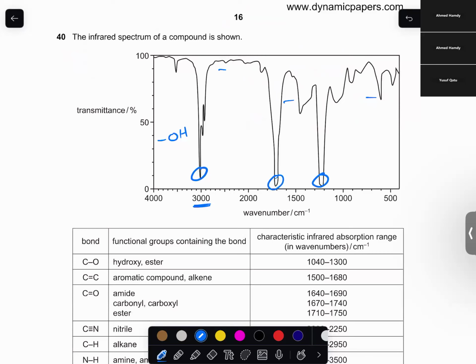This peak is mainly for C=O at 1700, and this peak at about 1150 is for C-O, a C single bond O.